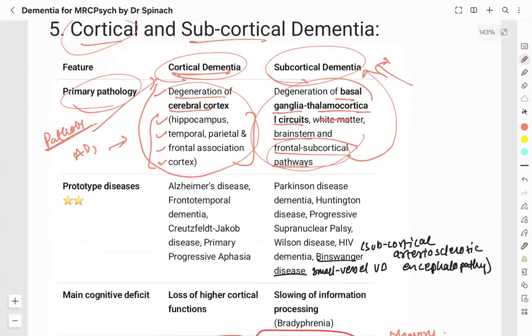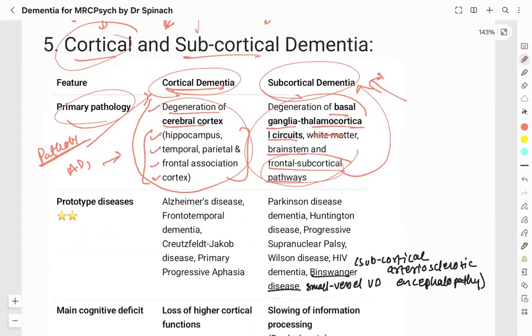Small vessel white matter ischemic disease. Yes, you're right. Binswanger is small vessel ischemic white matter vascular dementia. It is subcortical, where arteriosclerotic plaques are formed. It's also known as subcortical arteriosclerotic encephalopathy.